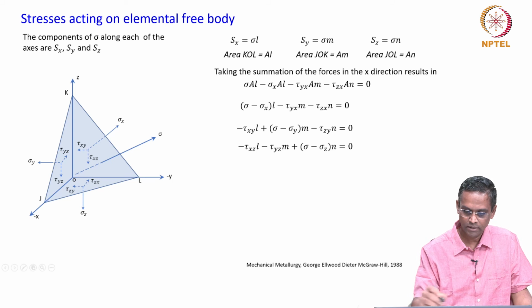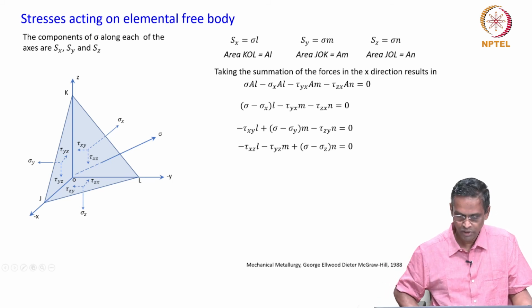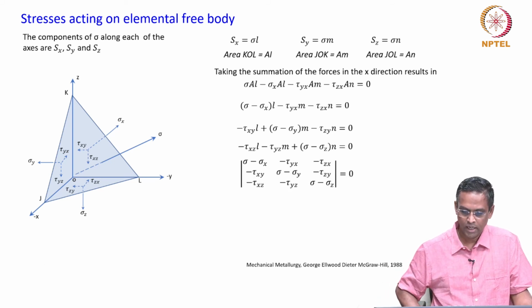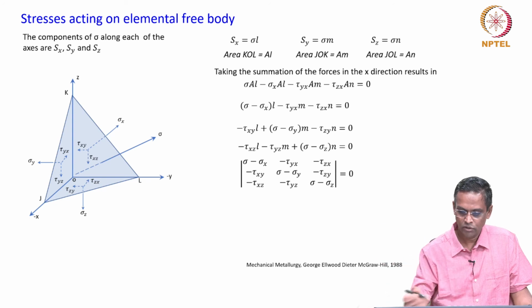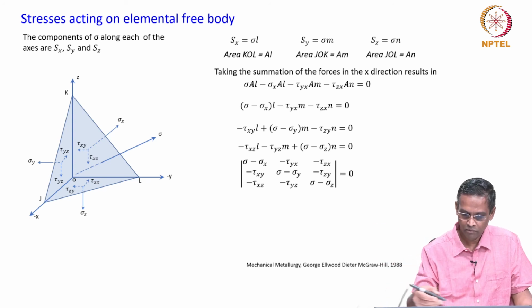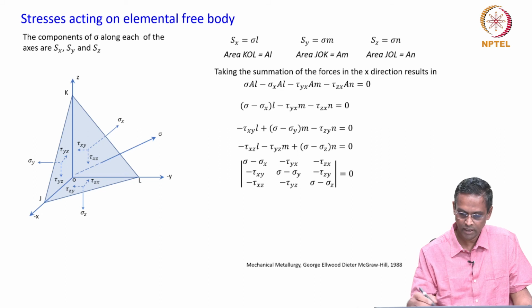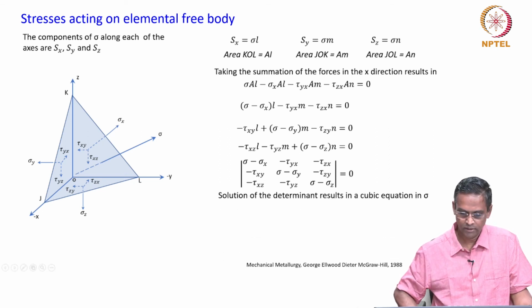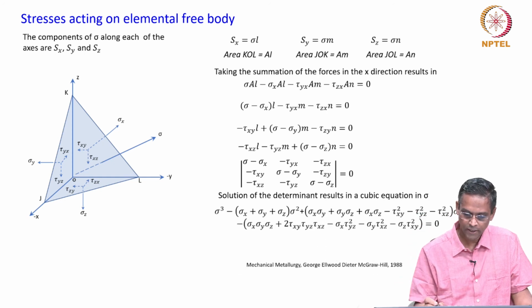So, these are 3 homogeneous linear equations, and the non-trivial solution can only be found by setting the determinant to zero. You can put them into this determinant, and the solution of the determinant results in a cubic equation in sigma.